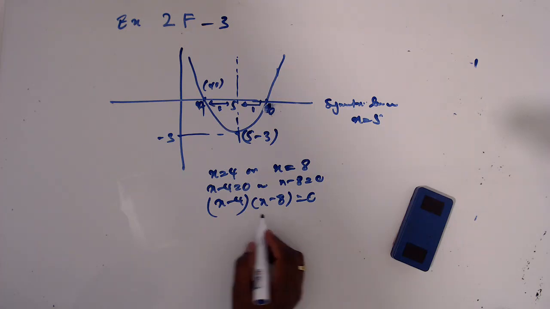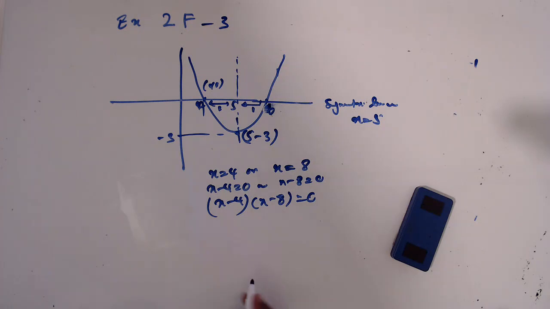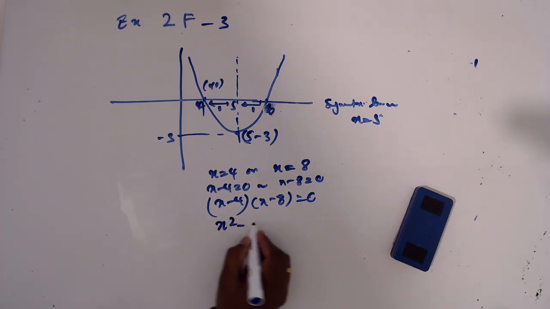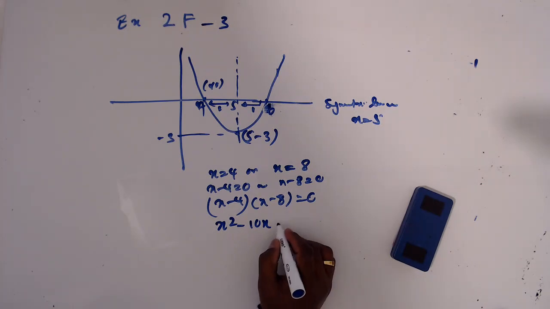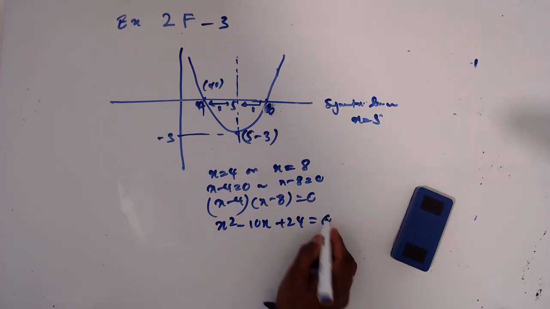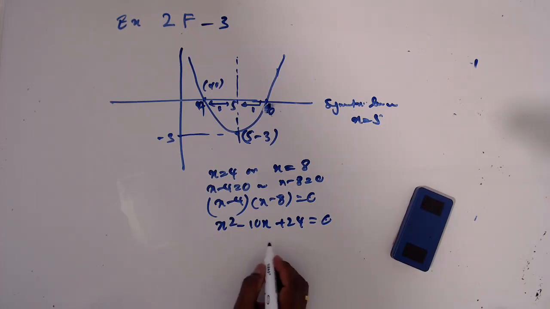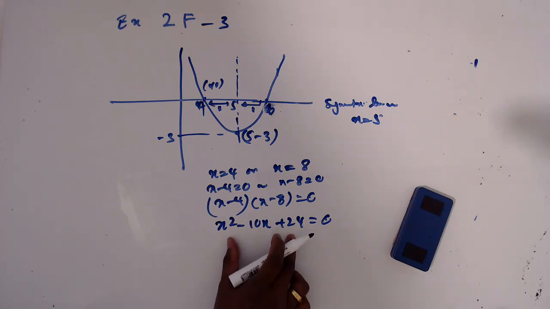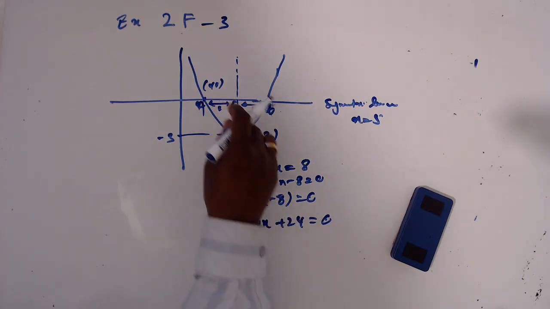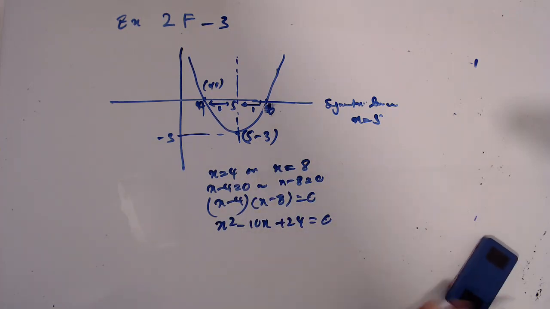So then x square minus 10x plus 24 equal 0. Then we need to check back by completing the square. Still we should get this one, this 5, minus 3, as the answer.